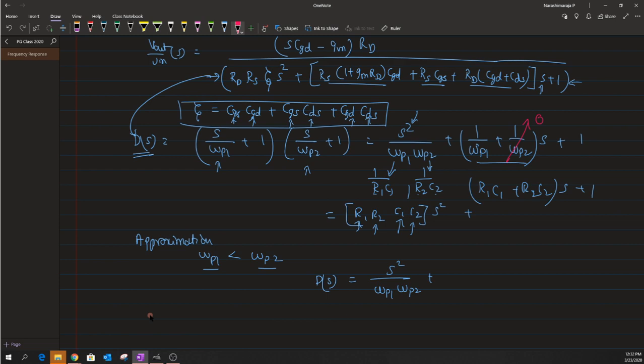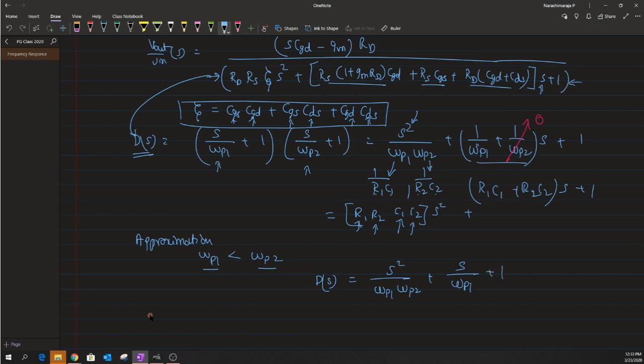And due to which I would approximate the quantity of 1 by omega p2 to a value equal to 0. And because of this approximation, I'll have an S term that has only a pole frequency of omega p1, and then plus 1.